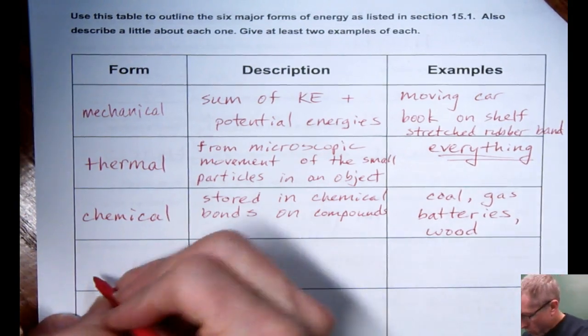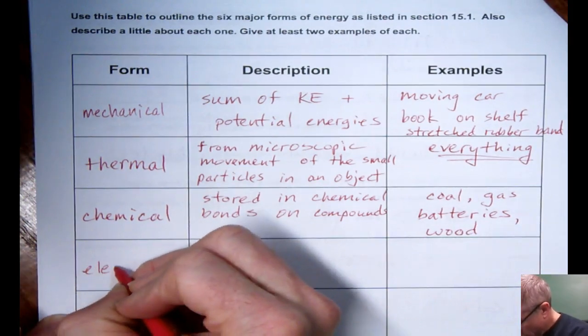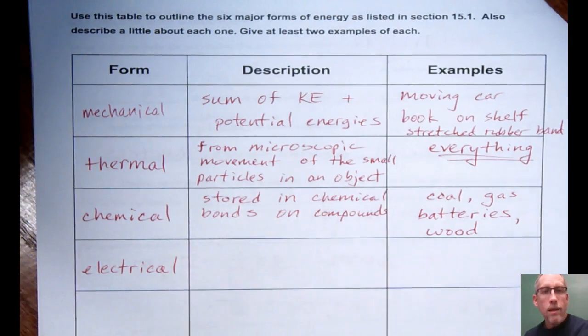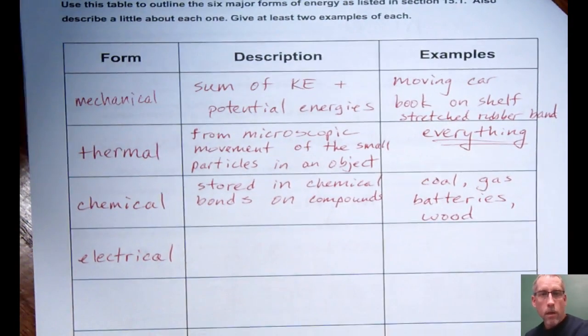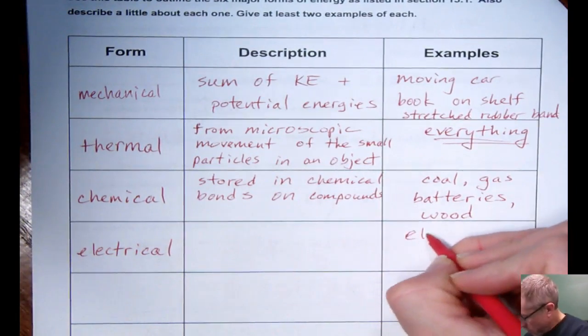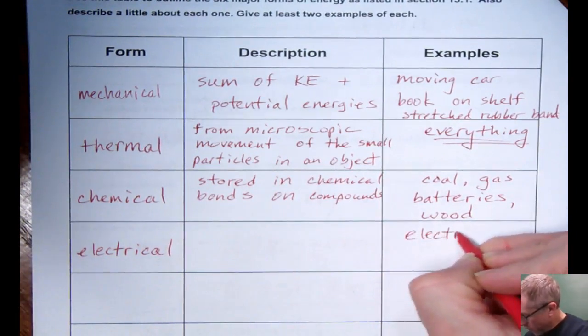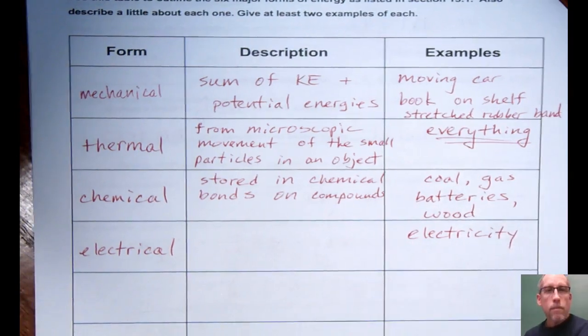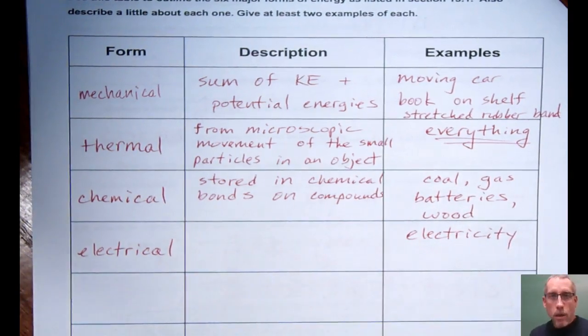The next form of energy, you'll recognize this one, is called electrical energy. And you would just know it as electricity. In fact, I'm going to use that as my example because that's really what most people call it. So you know electricity, maybe you've just not thought of it this way before, as it's a way of moving energy from one place to another.